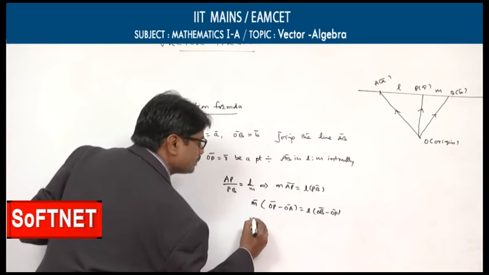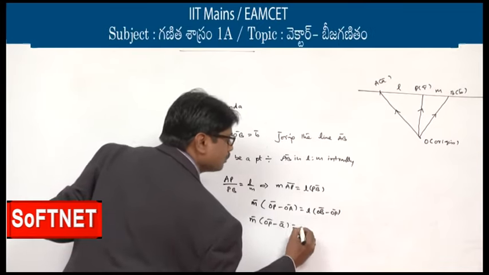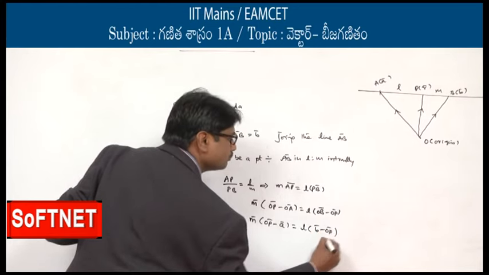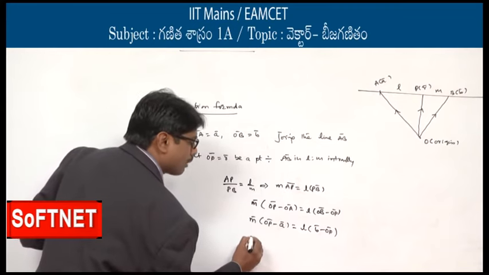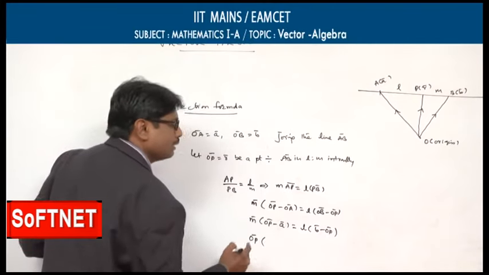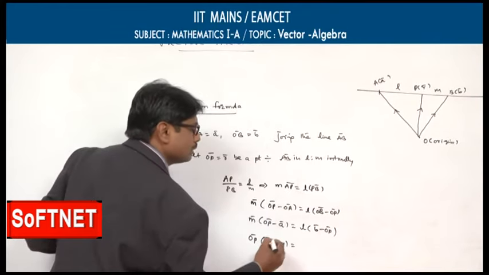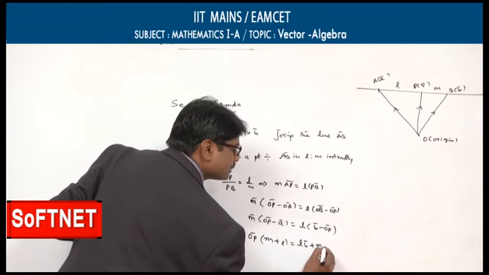So M times (OP bar minus A bar) is equal to L times (B bar minus OP bar). Taking OP bar common, (M plus L) times OP bar is equal to L times B bar plus M times A bar.